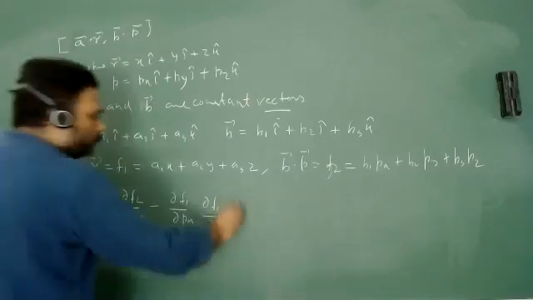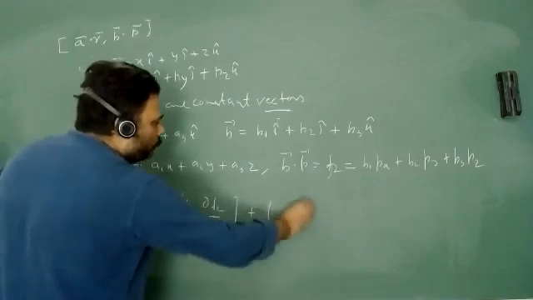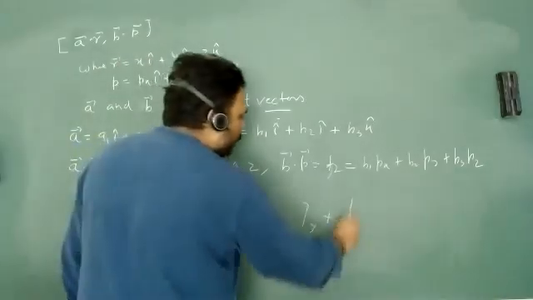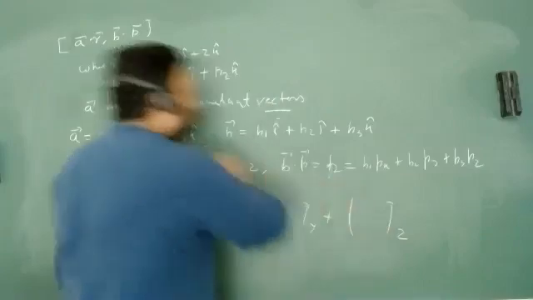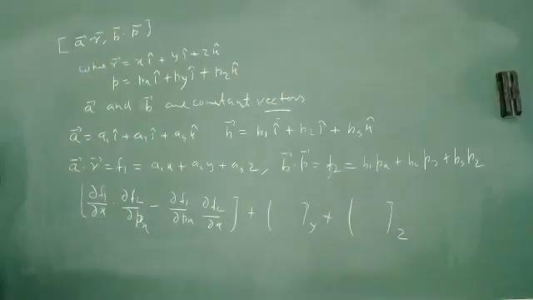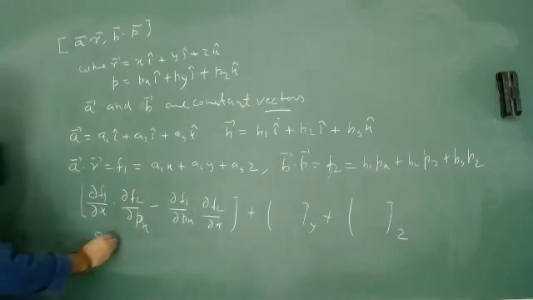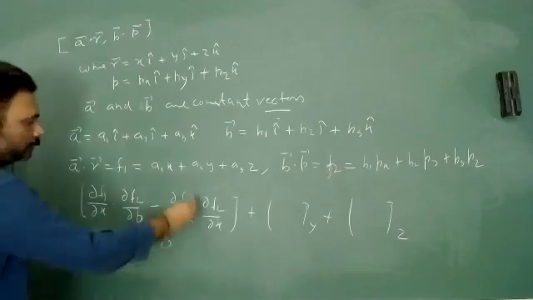Similarly, we will go for x, then we will go for y, because once we calculate one thing, the others will resemble it. So del f1 upon del x is a1, and del f2 upon del px is b1, and the other term will be 0.